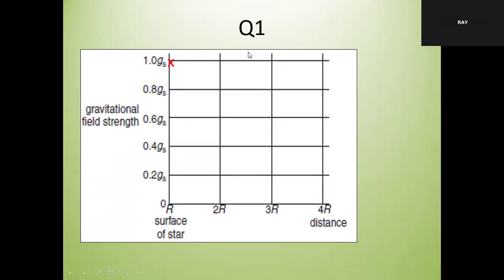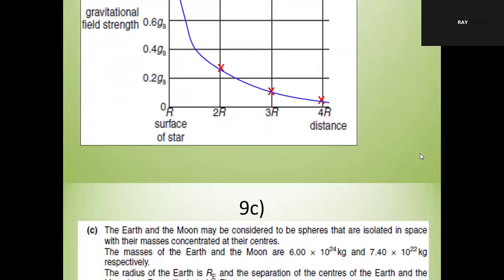At the surface, and a quarter is 2.5, 0.3 is here, 2.5 is about there. And then 1/9, 1/16, and draw. Okay. 1/9 and 1/8 are about almost the same place.